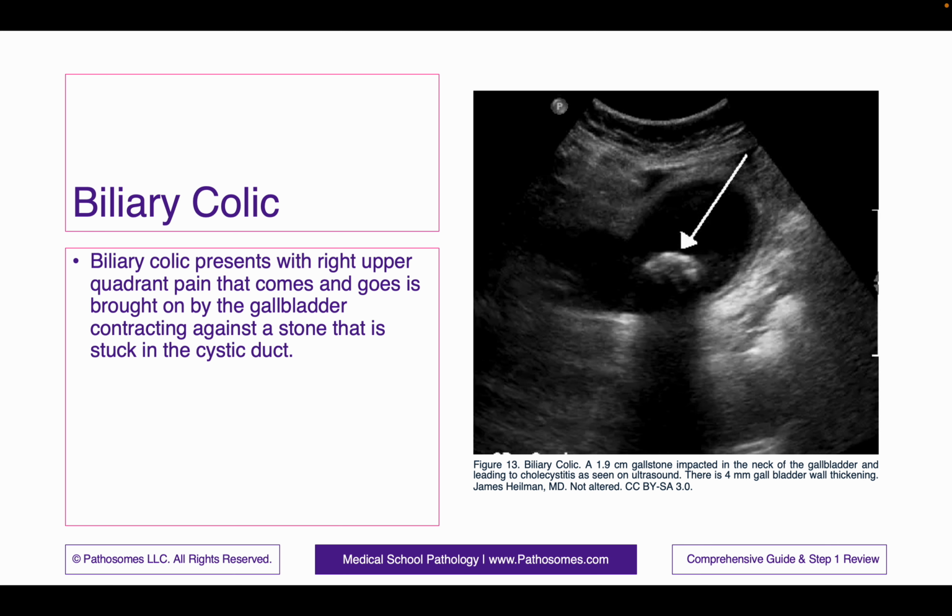Now let's talk a little bit about biliary colic. Biliary colic presents with right upper quadrant pain, so keep that on your differential when you're doing the abdominal examination. The pain comes and goes, brought on by the gallbladder contracting against a stone that is stuck in the cystic duct.